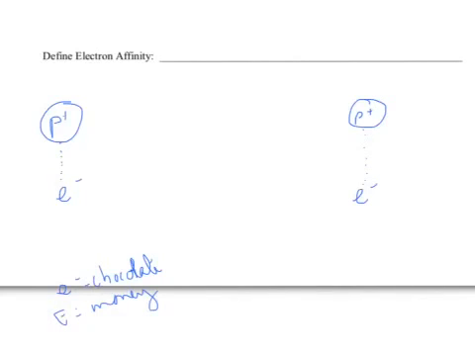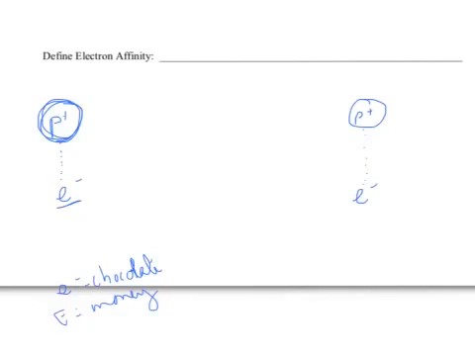Let's say you are the atom and you have chocolates, and we were trying to take away a piece of chocolate from you.